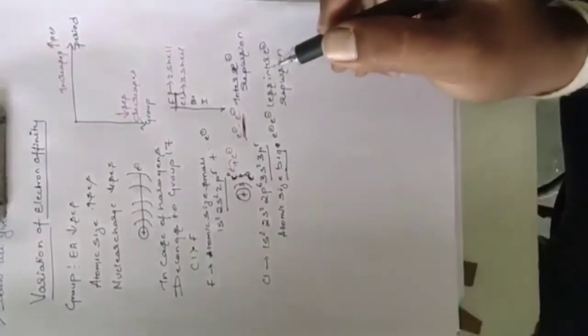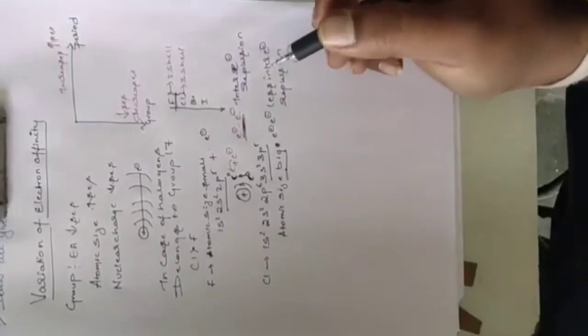For that we say that in halogens belonging to group 17, chlorine is greater than fluorine. For that only I told that in groups, if atomic size increases, electron affinity decreases.